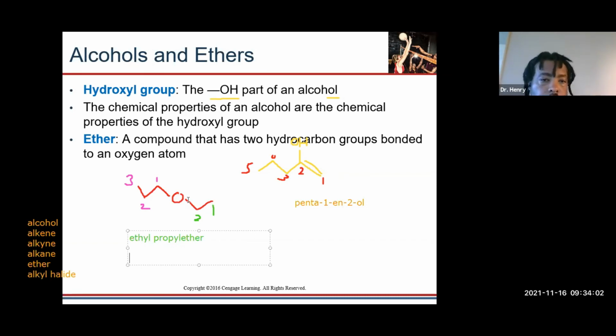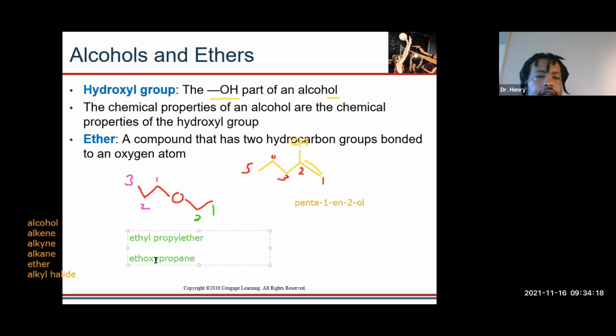The smaller chain gets ethyl, then oxy. Oxy means that there's an oxygen, and then we'd call it propane.